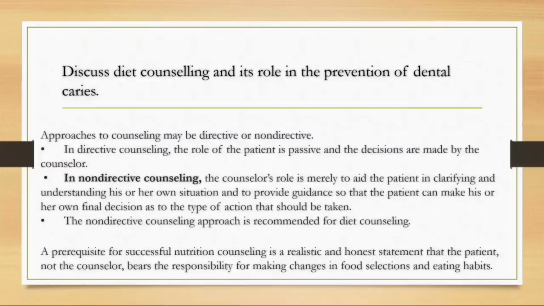But if we remove one factor out of these four factors, we can prevent dental caries. Diet counseling is very much vital, because diet can be a host factor, it can be an agent factor because it is coming from outside. So it is like a factor which is there in the host and agent.